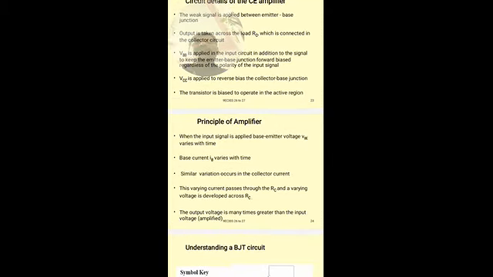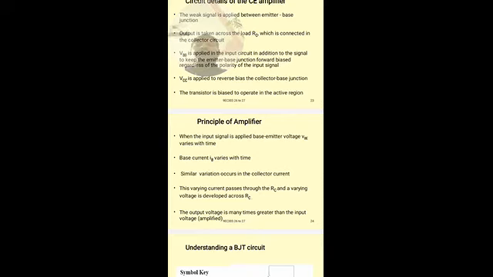This varying collector current, passing through the collector resistor RC, is going to produce a varying output voltage across the RC.